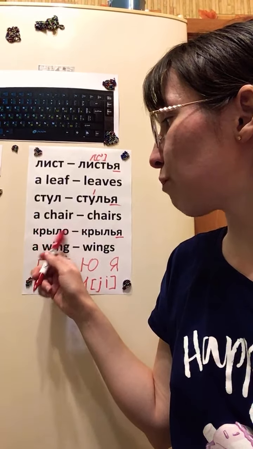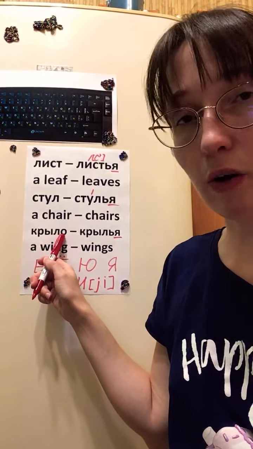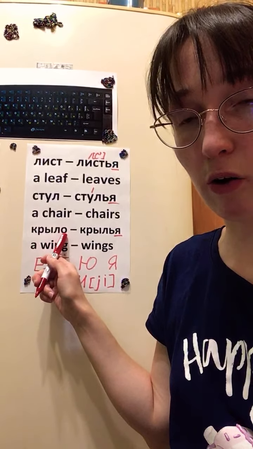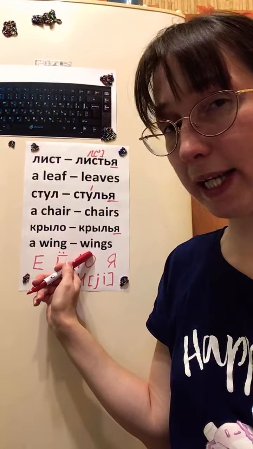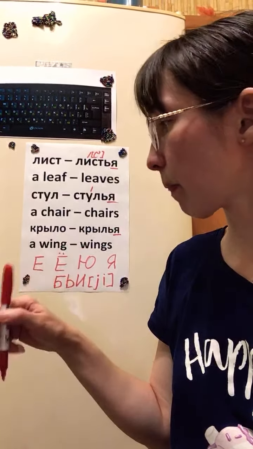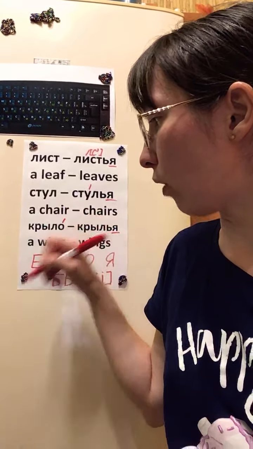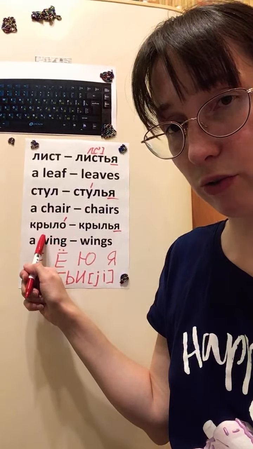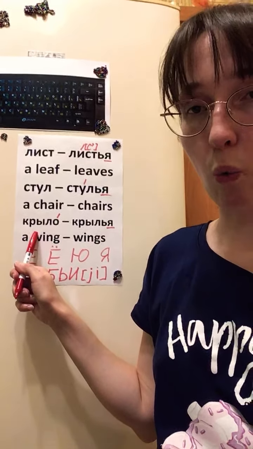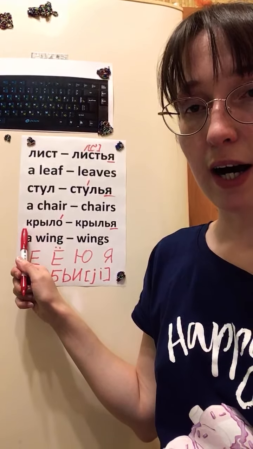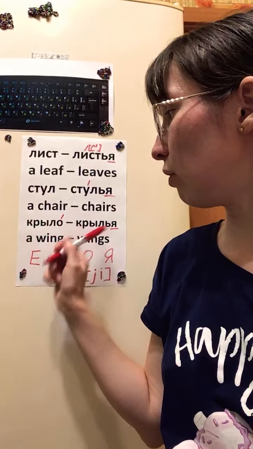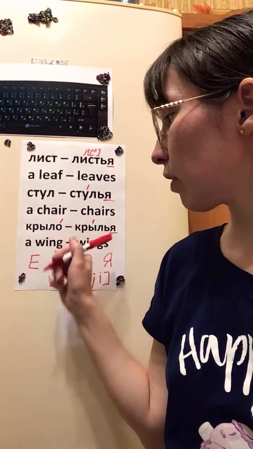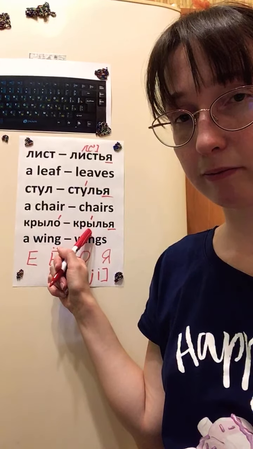And the last pair, this noun is neuter because of O in the end. A wing, wings. O is stressed. Try to read this word by yourselves first. 1, 2. Крыло. And plural, U becomes stressed.